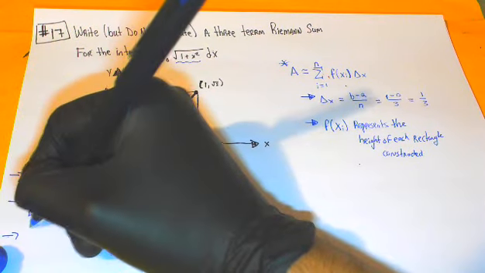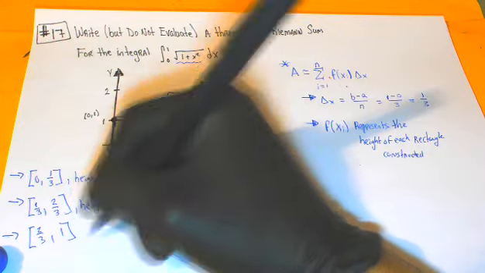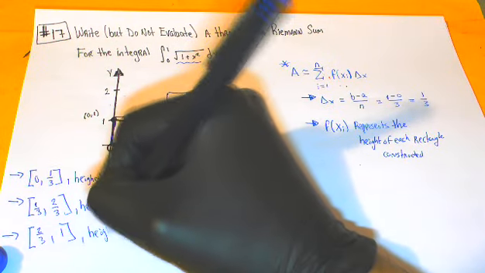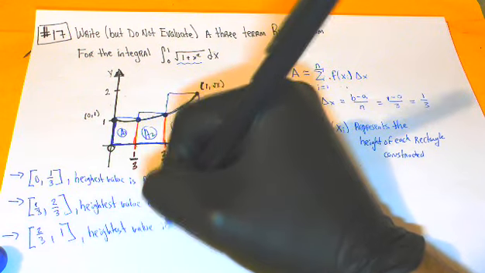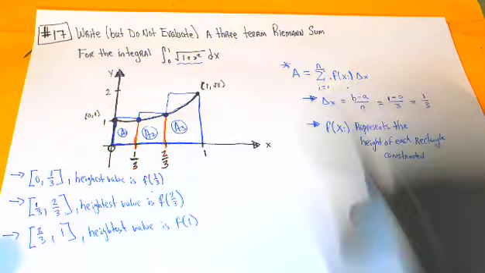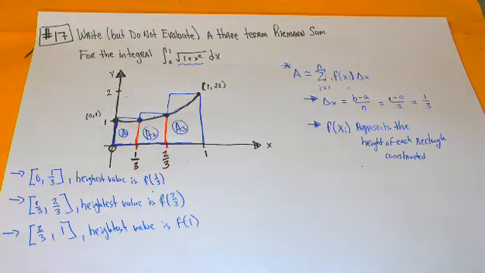So from 2/3 to 1, the highest value is f of 1. So using all of this information, I'm now able to estimate the area underneath this curve using these three rectangles.